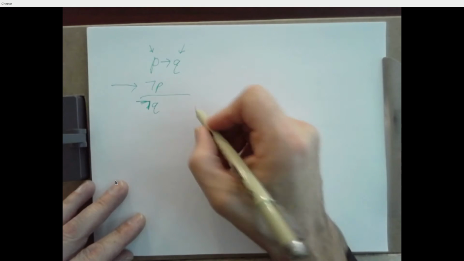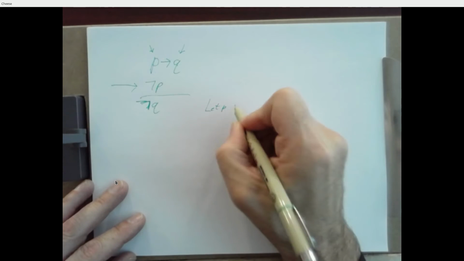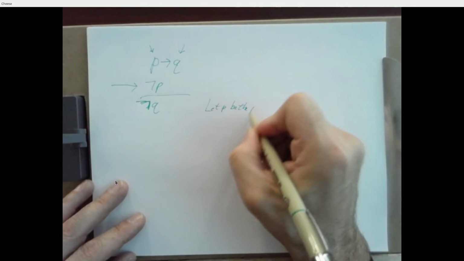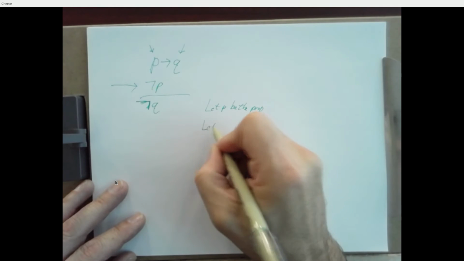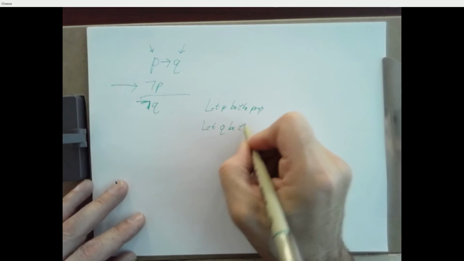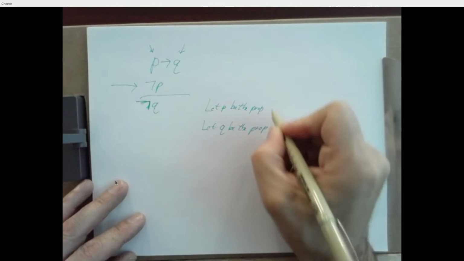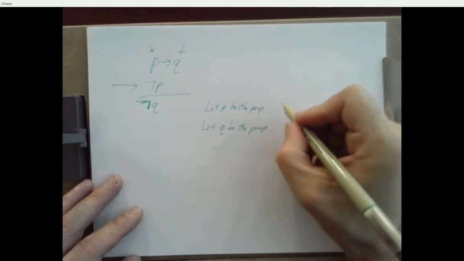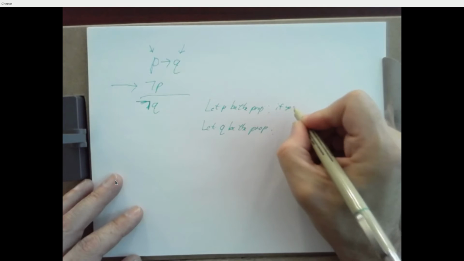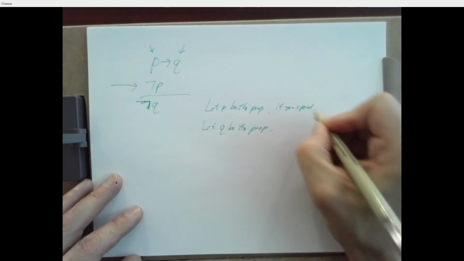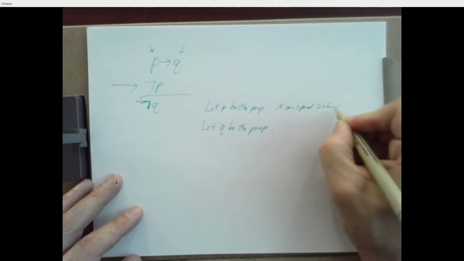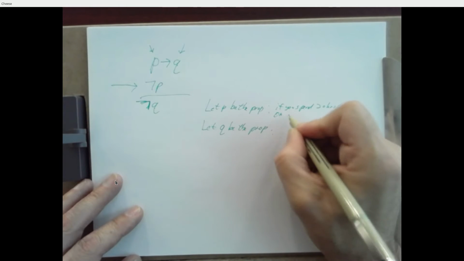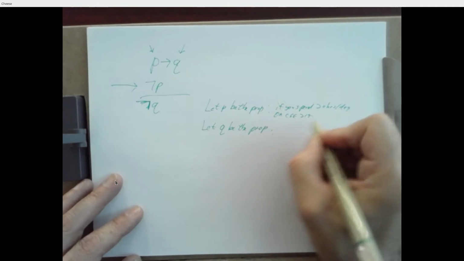So a typical example might be let P be the proposition, you spend 20 hours per day on CSE 215, it's not an if.